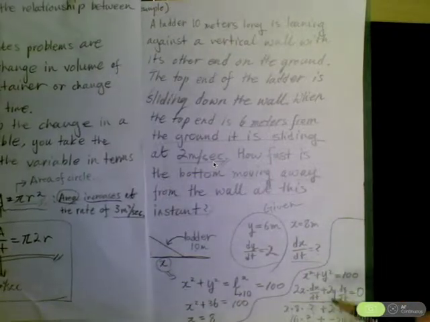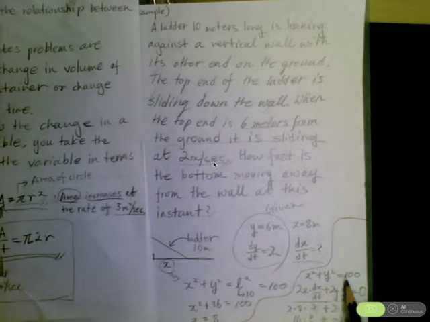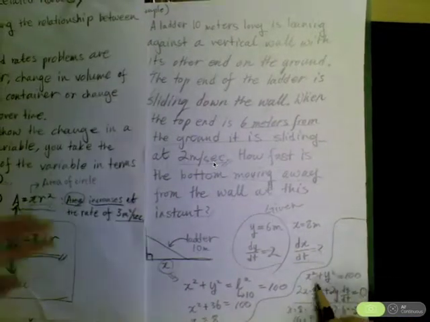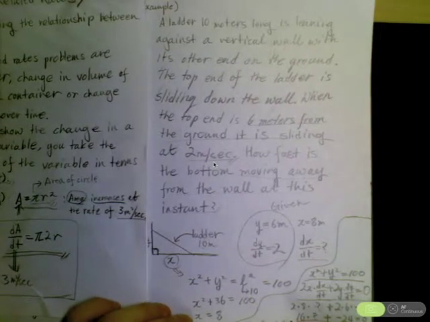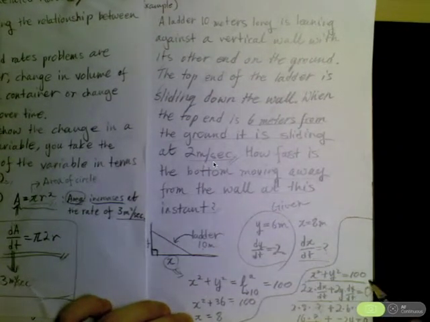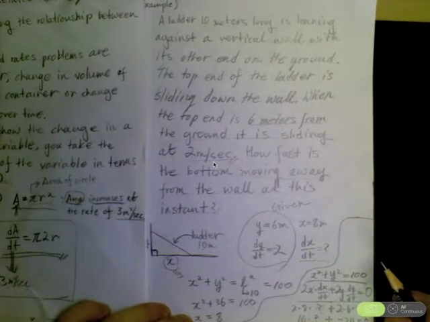Here you wrote x squared plus y squared equals 100. Well, this is basically the relationship between the variables, and our goal is to come up with these equations to further solve the equation and get whatever we want.